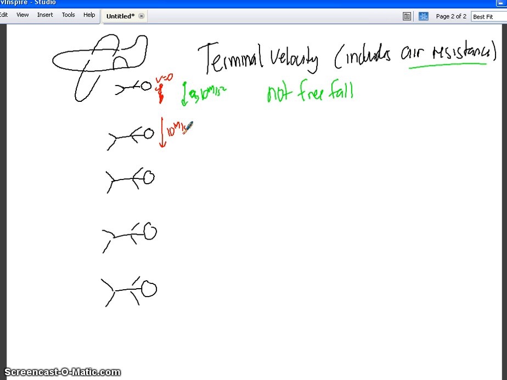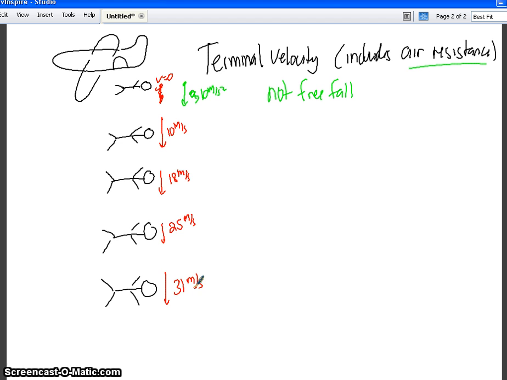And I'm just going to make up numbers here. I have no idea what these numbers should be. So this person's going 10 meters per second, and then we'll say 18 meters per second, then 25 meters per second, and then 31 meters per second. Okay, I'm just making this stuff up, all right?